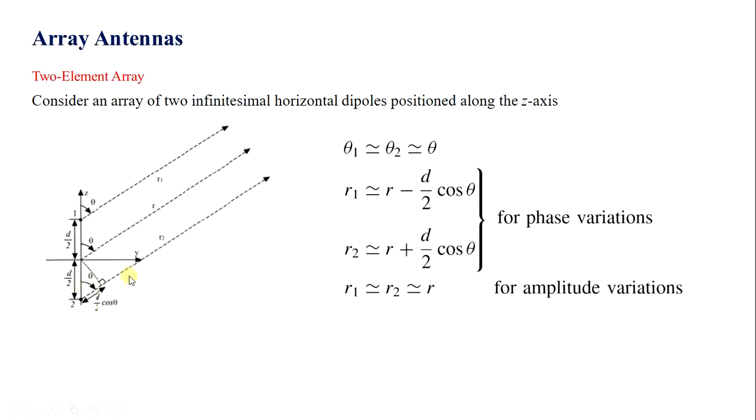So we can write R2 as R plus d by 2 cos theta. Similarly, R1 will be R minus d by 2 cos theta. If we draw a line over here, this portion will be subtracted, which is d by 2 cos theta. So from R, if we subtract d by 2 cos theta, that will be the R1 for phase variation.